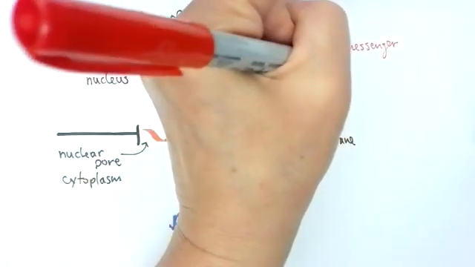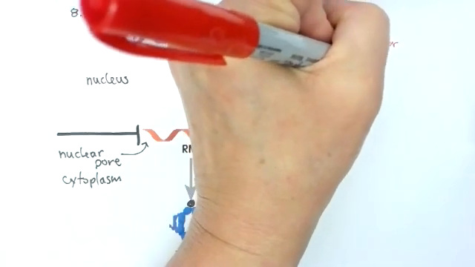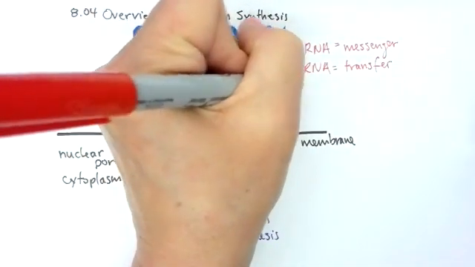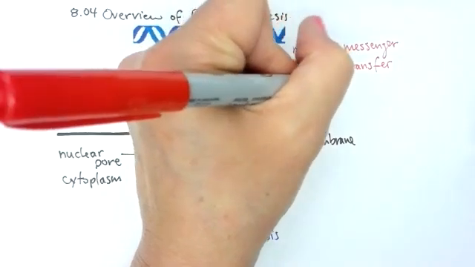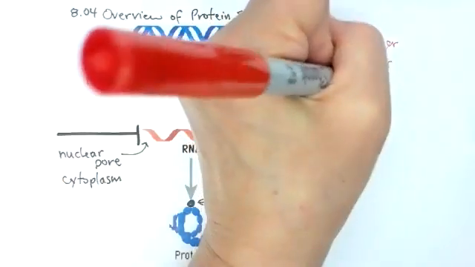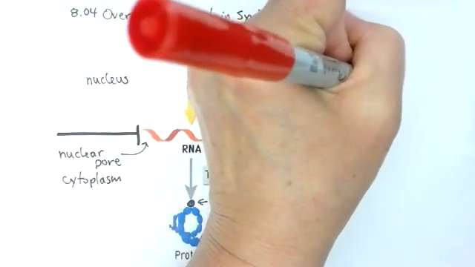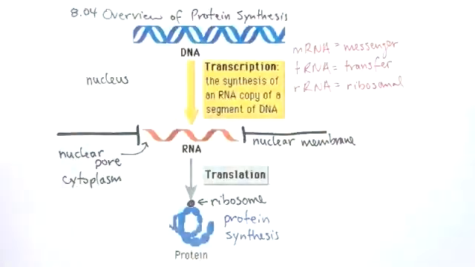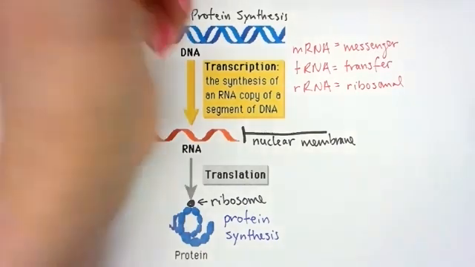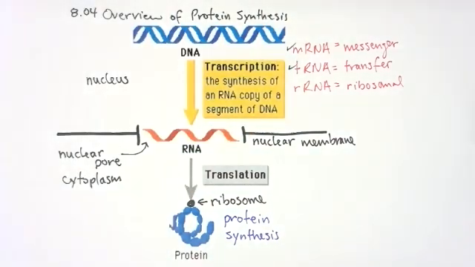We have transfer RNA. And there's a third one we're really not going to talk about called rRNA, and that stands for ribosomal RNA. But these are the two that we're going to talk about the most, mRNA and tRNA.